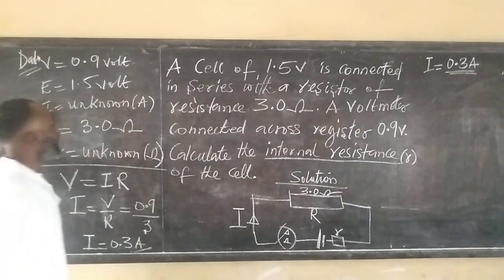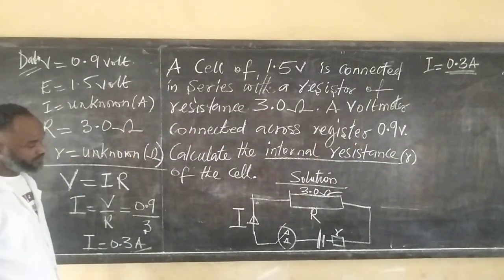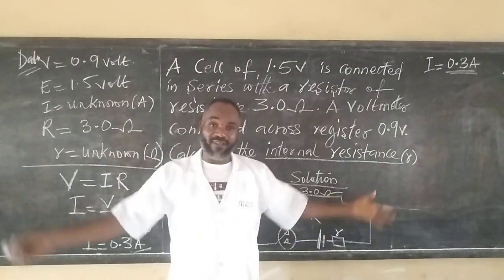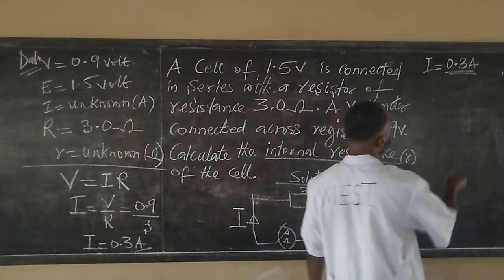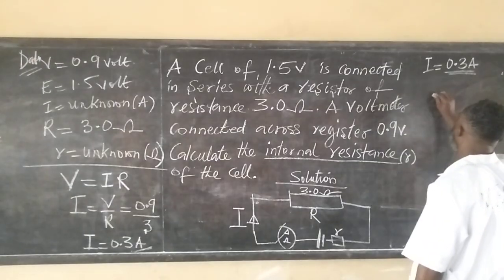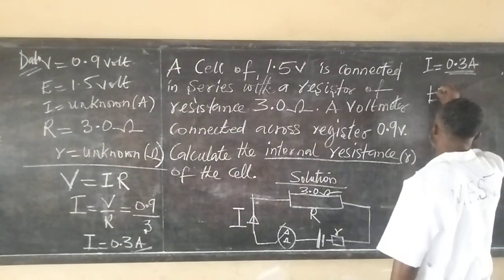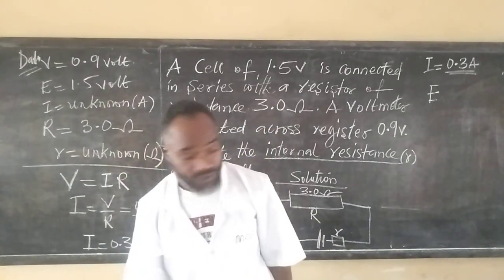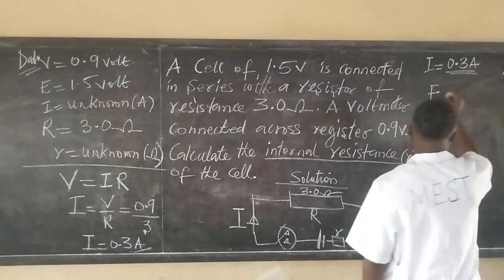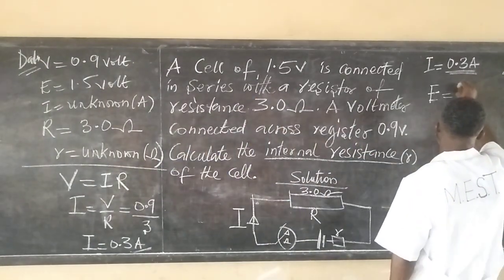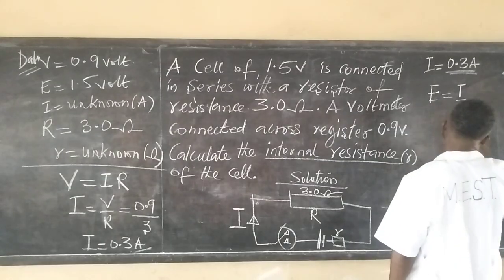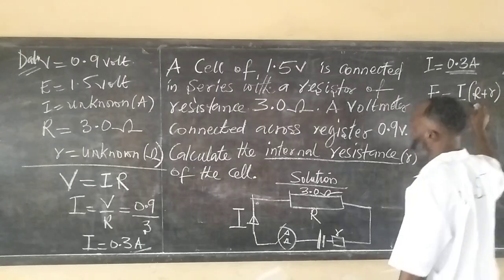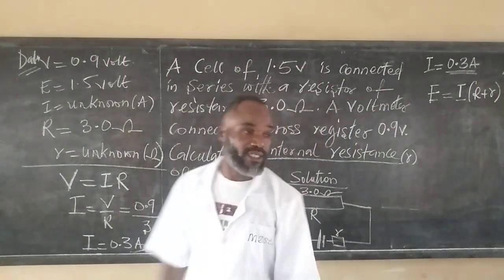The next thing is to find the formula connecting the internal resistance of the cell. That becomes E is equal to I, the current, times the bracket R plus r, the external resistance and the internal resistance.